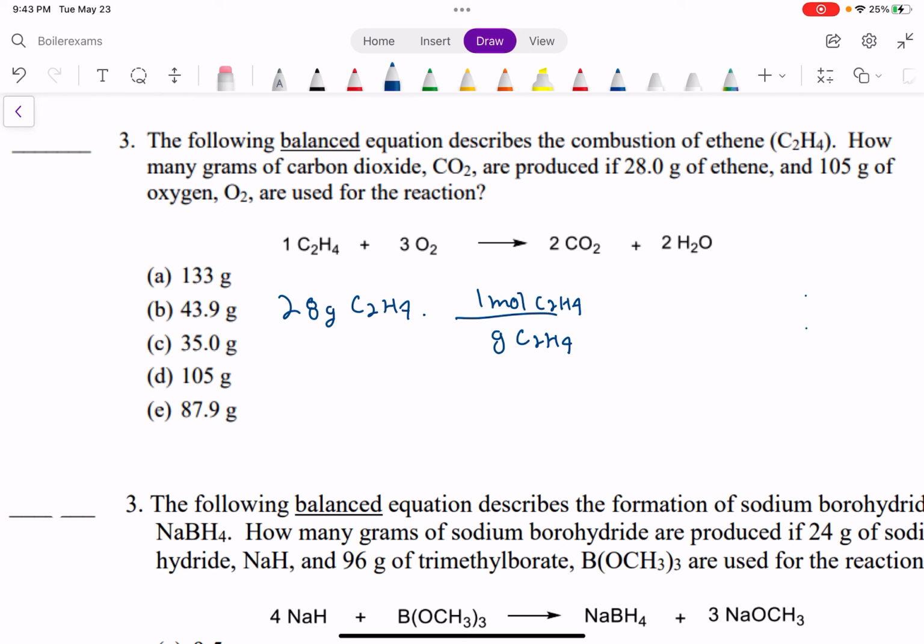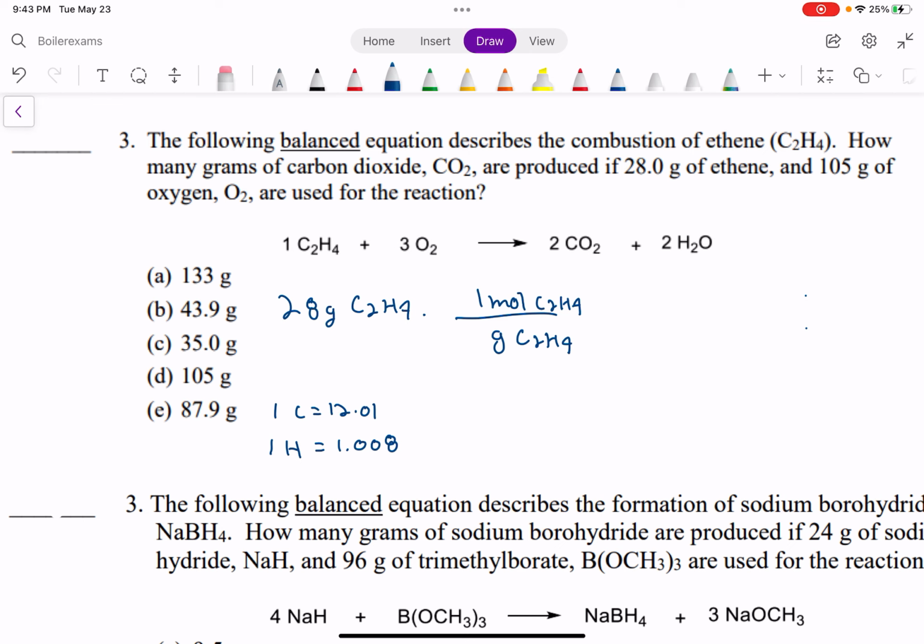And the molecular weight: 1 C equals 12.01, 1 H is 1.008.